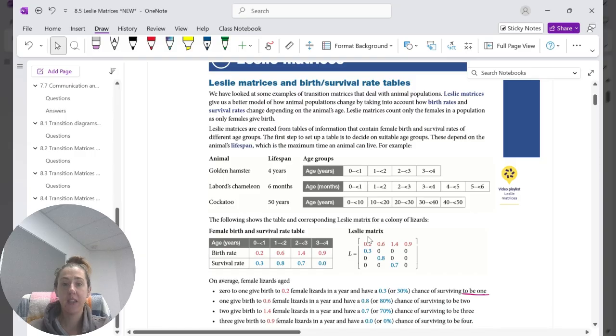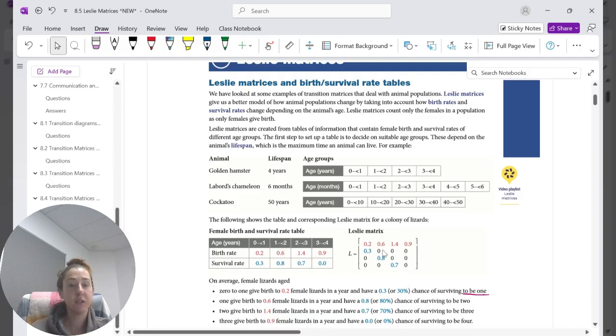So this would be your 0 to less than 1, 1 to less than 2, 2 to less than 3, and 3 to less than 4. Okay, so when they are 0 to less than 1, the birth rate is 0.2, and 0.3 is moving from that 0 to less than 1 to that 1 to less than 2 age category. So this is showing how they are moving through those age categories.